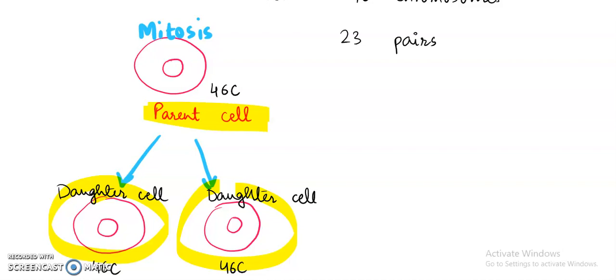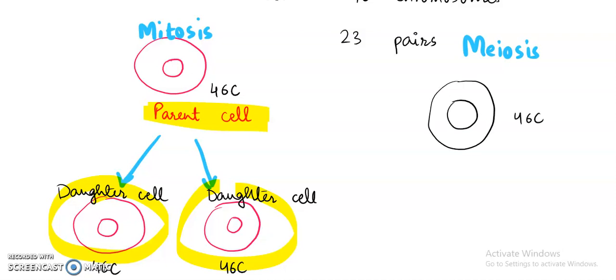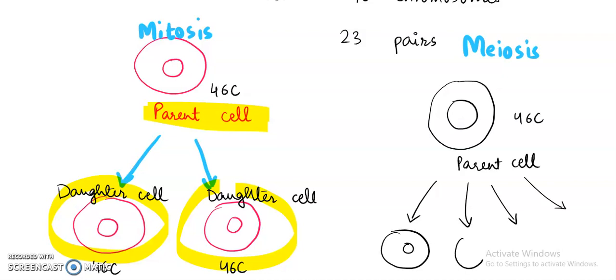Whereas if we want to study meiosis, we again take a parent cell with 46 chromosomes. Now, after meiosis, what is going to happen? Instead of 2, there will be 4 cells formed. So one meiosis forms 4 cells, and these 4 cells will contain half the number of chromosomes as the parent cell.